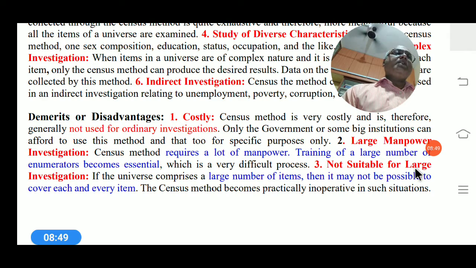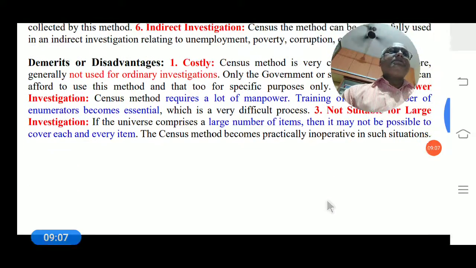It is not suitable for large investigation. If the universe comprises a large number of atoms, then it may be impossible to cover each and every atom. The census method becomes practically inoperative in such a situation.